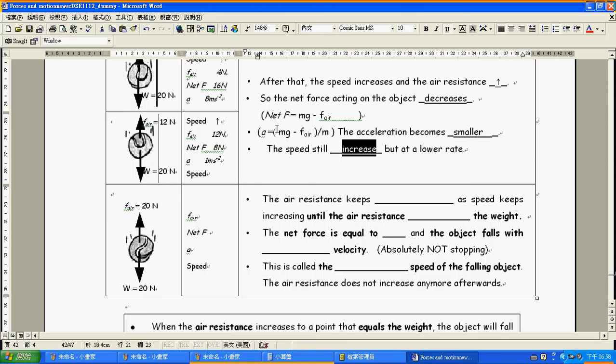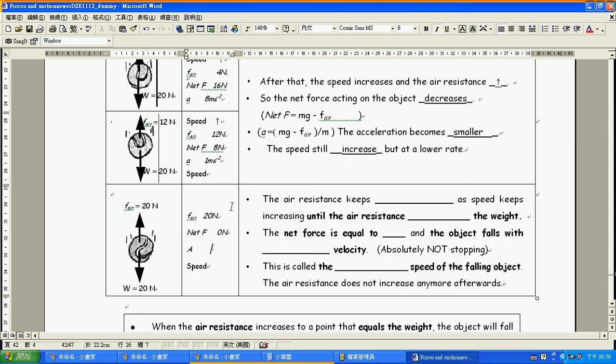What happened ultimately? So that is the final stage. So the air friction, air resistance increased to a stage when it is equal to the weight. What do we have? So the air resistance is 20 Newton, and the net force will be 20 minus 20, will be 0 Newton.